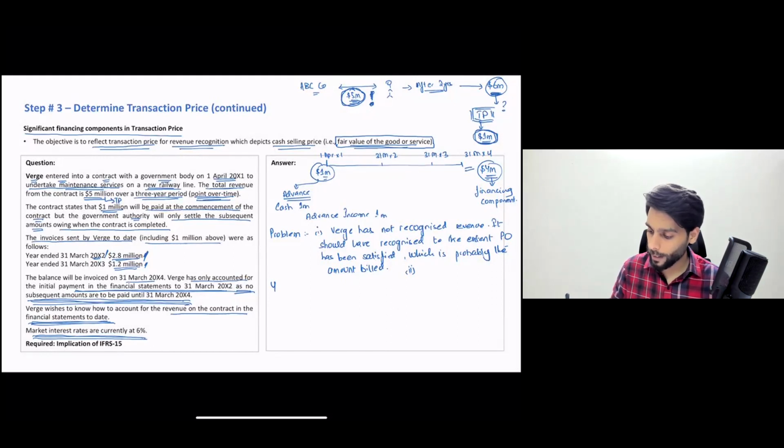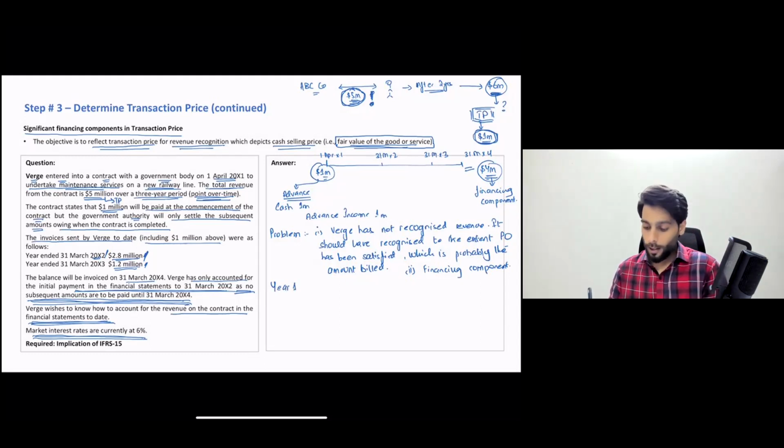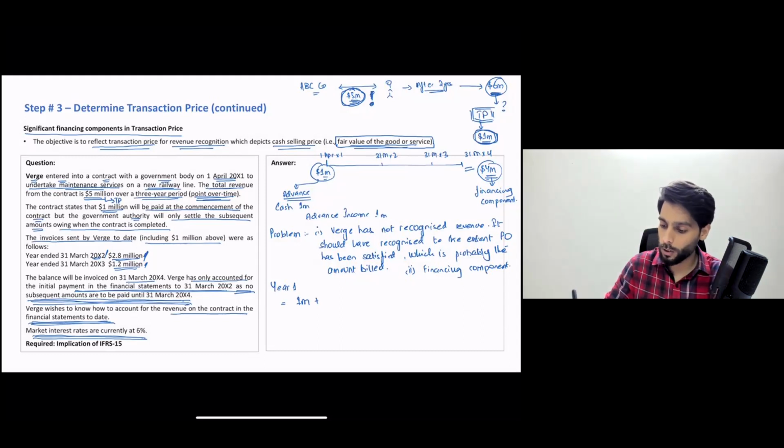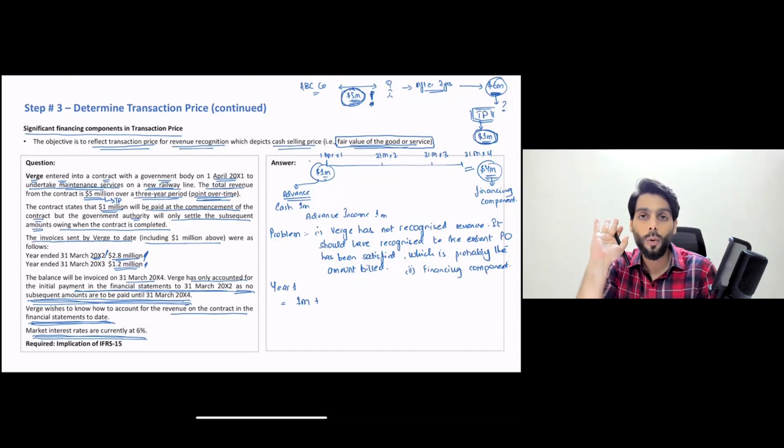By the way, what was problem number two? Yes, the transaction price includes a financing component. This was problem number two. So in year one, how should Verge recognize revenue? You see, this $1 million does not have any financing component because it was paid in year zero.